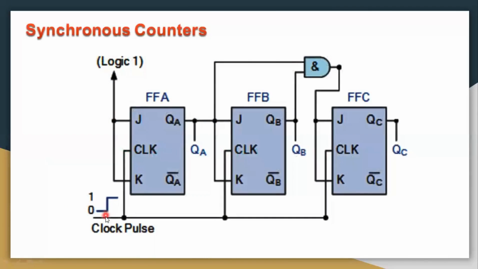So, in each clock pulse, the output QA gets toggled. That means if output is 0, after the first clock pulse, it changes to 1. After the second clock pulse, it changes to 0. So, in each clock pulse, it toggles its state.